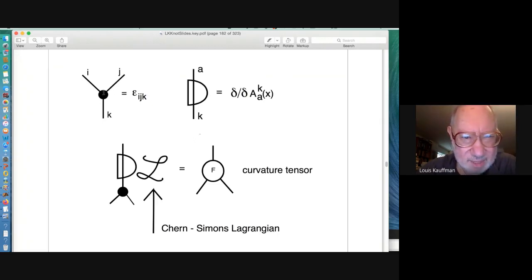My other diagram is an epsilon. It's a trivalent vertex, simple enough graphical thing. Trivalent vertex with labels on it, I, J, and K. But I interpret it as epsilon I, J, K. Epsilon I, J, K is a little tensor, which is equal to 1 or minus 1 or 0.